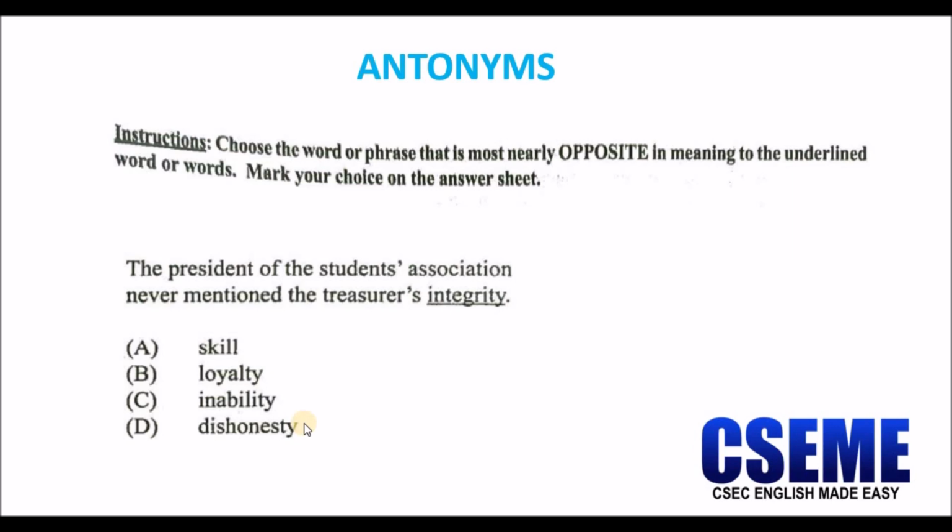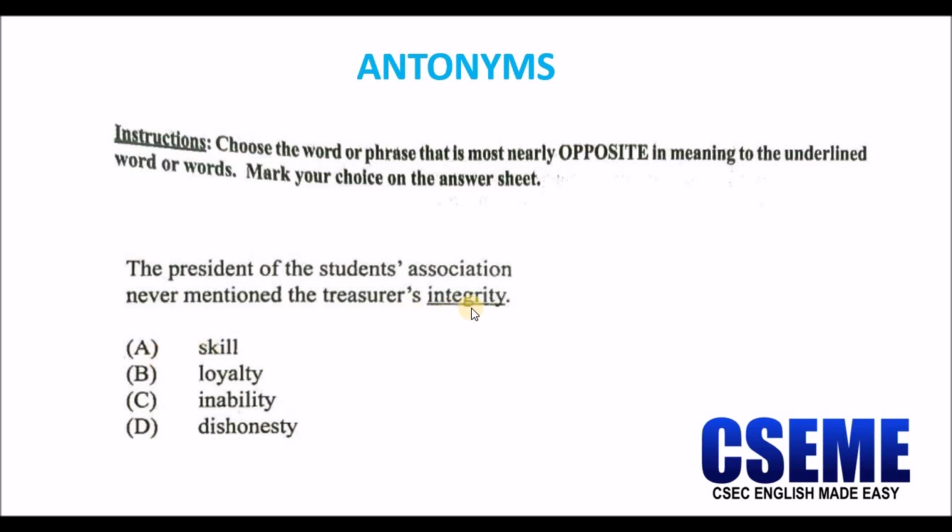When we think of integrity, what are some of the words that come to mind? The first thing that comes to my mind is honest, forthright, but honest, right? That's the first thing that comes to my mind. Remember, we're looking for the opposite, right?